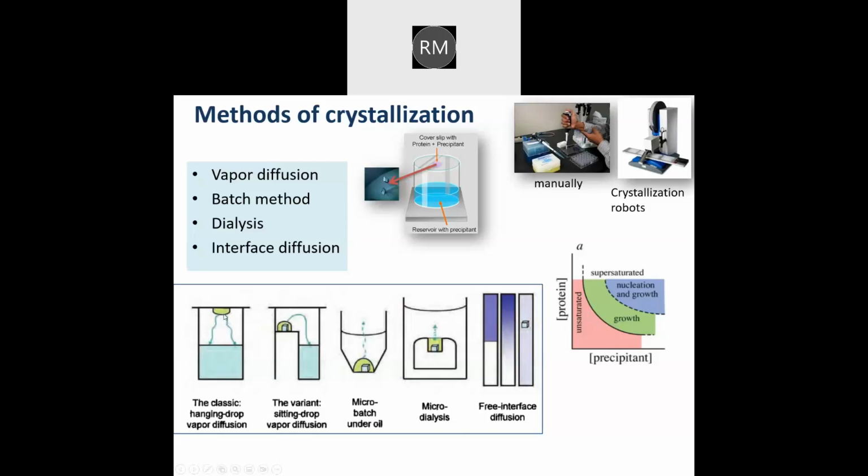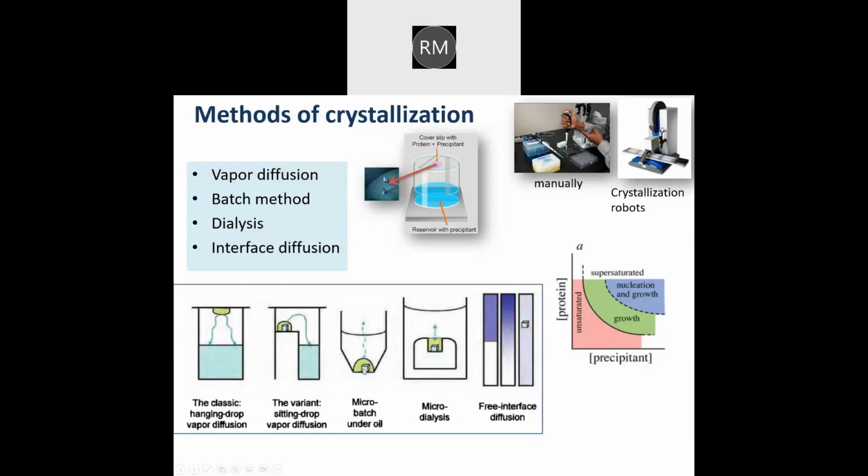And the same thing, you have the sitting drop vapor diffusion technique. Instead of hanging on the cover slip, you can put it in some kind of sitting arrangement. Then in the micro batch under oil, you put this protein 1 and crystallization solution 1 drop inside the oil, which is immiscible with the drop.